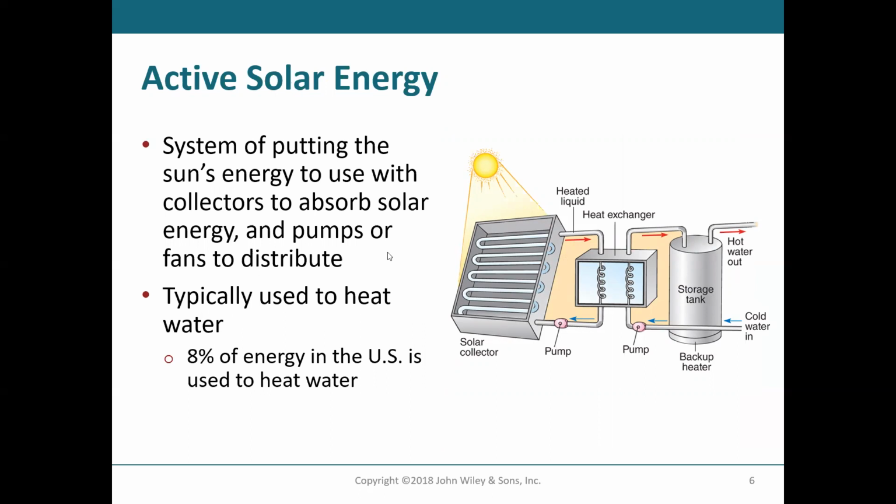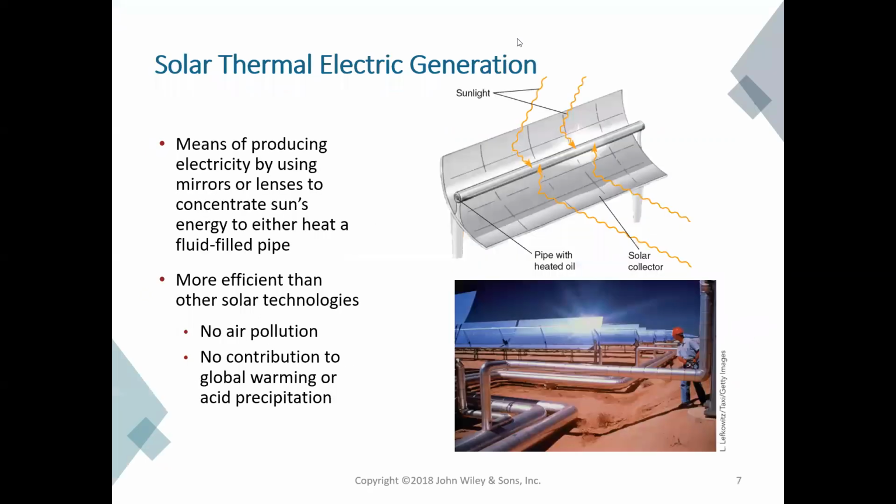In this example here, we see a solar collector box on the roof of a building, and then the solar panel box is a box with a black metal base and a glass covering that then allows for heat exchange into a storage tank or into a pump, which can then heat water or cool it down depending on what it's used for. And unfortunately, only 8% of energy in the US is used this way to heat water, even though it should be more.